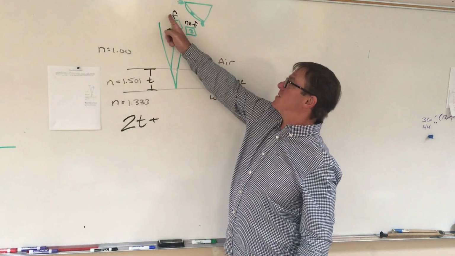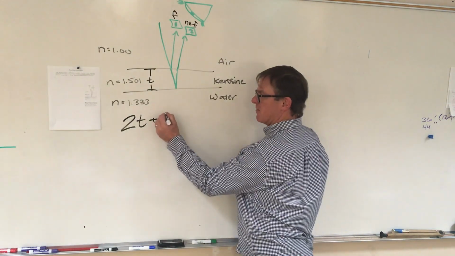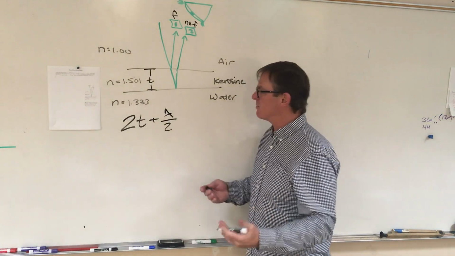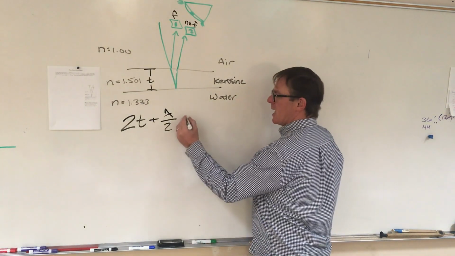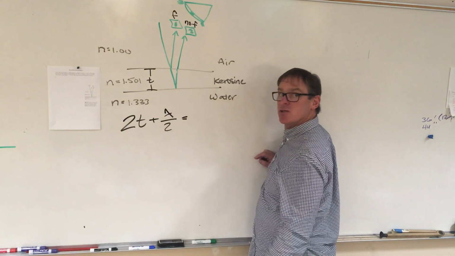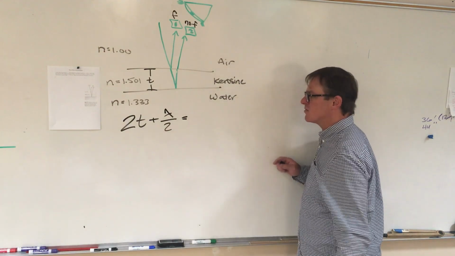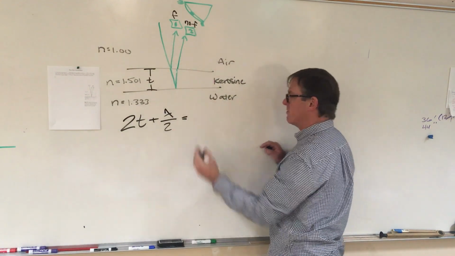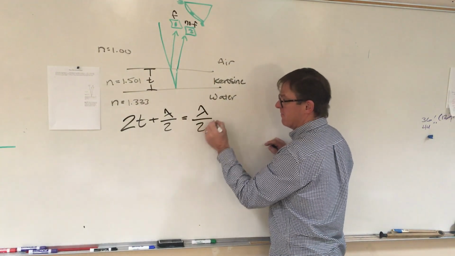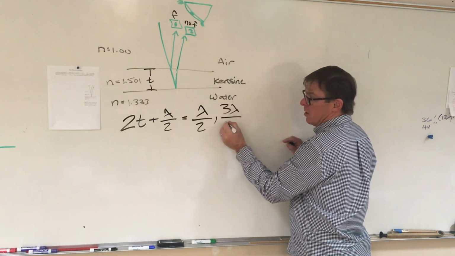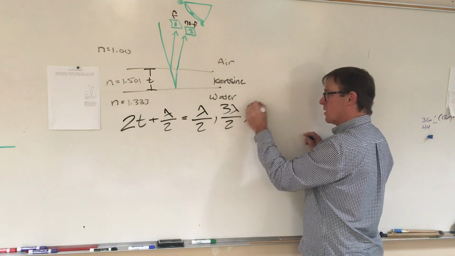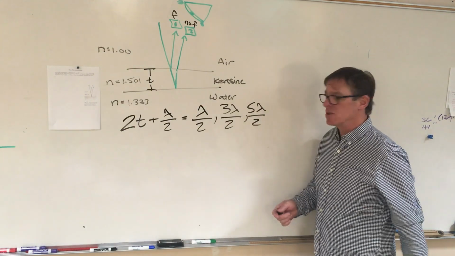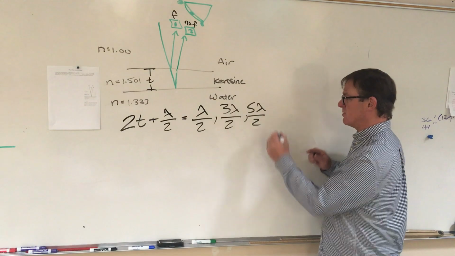Because one of them flips and the other doesn't, I need to account for that extra, essentially as if one of them traveled an extra half wavelength. And I want destructive interference to result. Now, the conditions for destructive interference are that these two rays are off by a half wavelength, or 1.5, or 2.5. As long as it's an odd integer multiple of a half, we have the conditions for destructive interference.